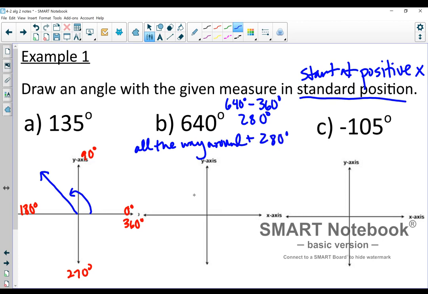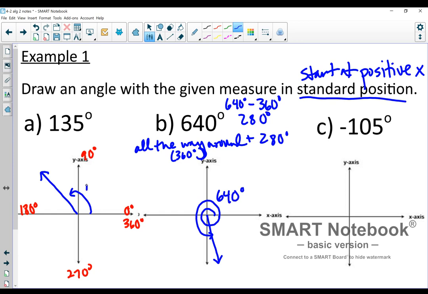Because all the way around this entire coordinate plane would be the 360, and then it's plus another 280. So the way I show this is I would show all the way around, and then another 280, and we know 280 would be just past 270, so I would draw it like this. So I'm drawing something that shows all the way around one time, and then back around to the 280. So that's how I would draw this, and I'm going to label it 640 degrees.